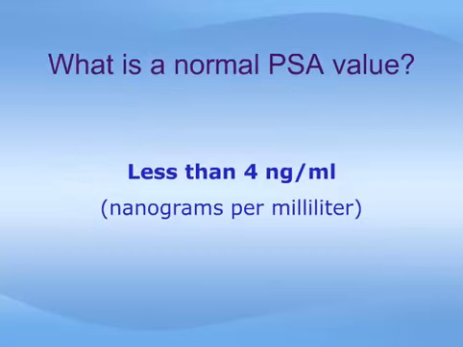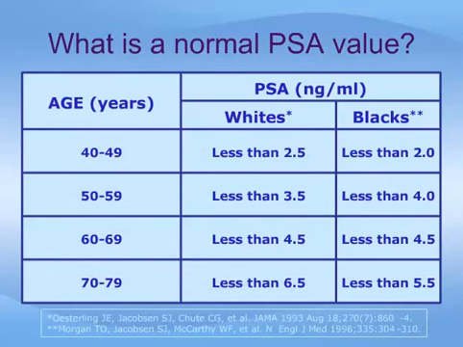So what is a normal PSA value? PSA is measured in lab units called nanograms per milliliter. Many doctors use a strict upper limit of 4 nanograms per milliliter for all men having their PSA tested. In other words, your PSA should be less than 4. Studies have shown, however, that because most men's prostates grow larger with age, their expected normal value for PSA increases with age.